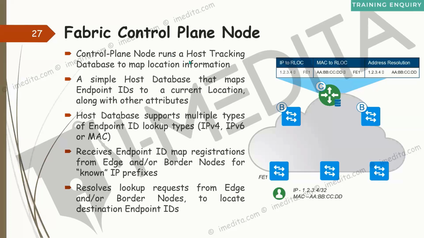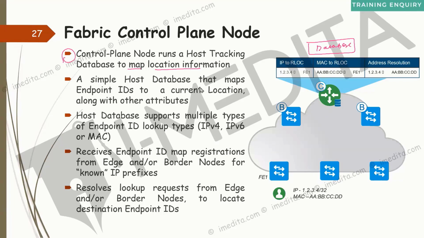So the control plane node in our SDA Fabric keeps a database. It runs a host tracking database. It basically maps the location information. The control plane node has a database, and that database is going to map the endpoint ID to RLOC mapping.